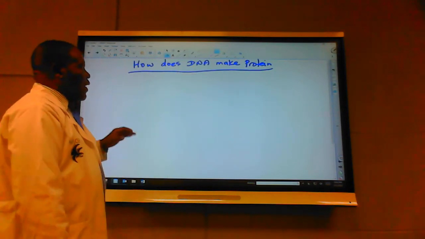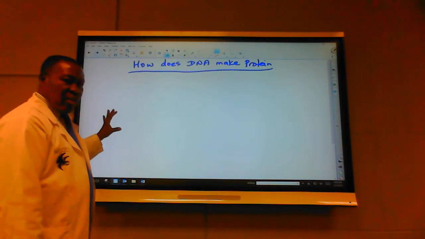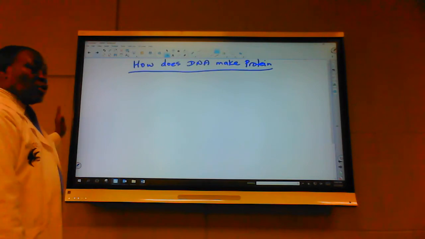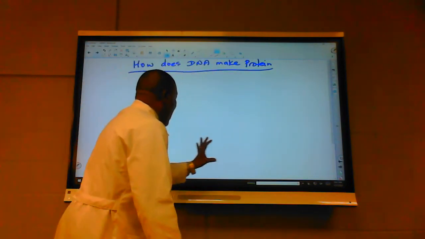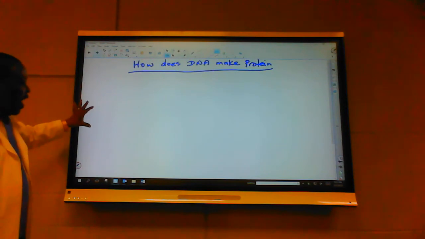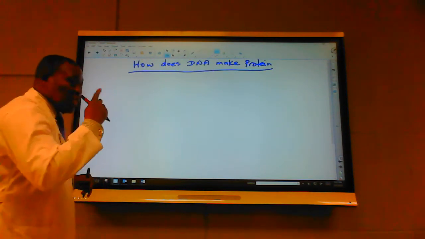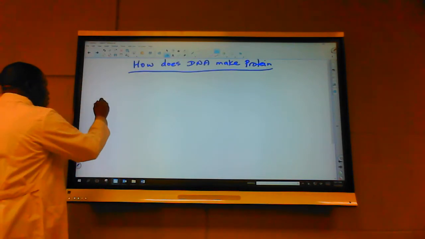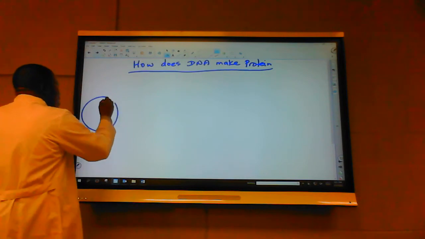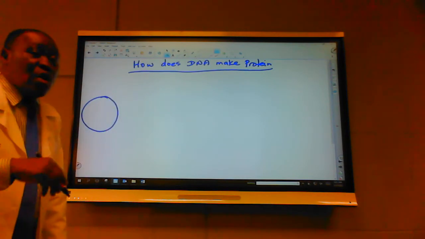Now I want you to take your page and go down halfway of your page and then go all the way to the margin. Okay, halfway. Now, I want you to select one of your colored pencils and draw what looks like a circle, but in reality, it's not a real round circle.